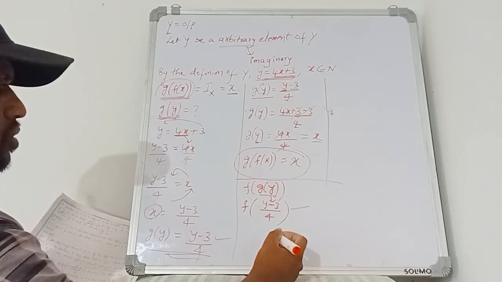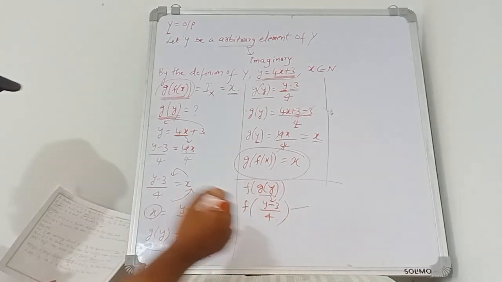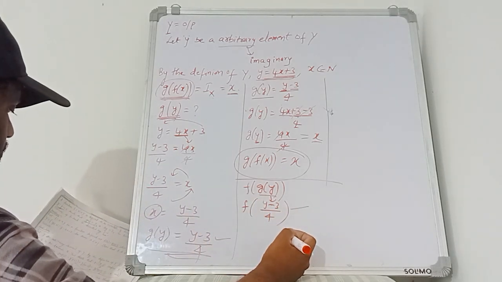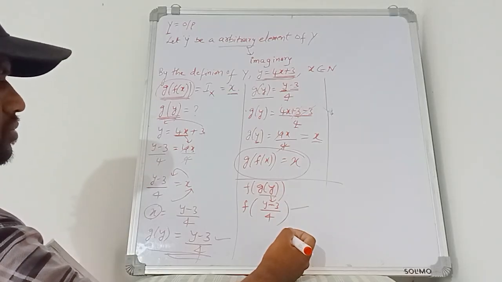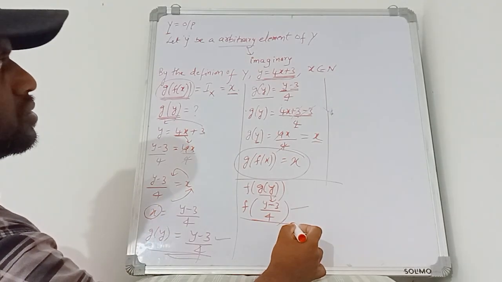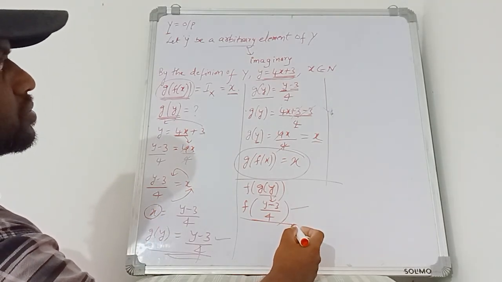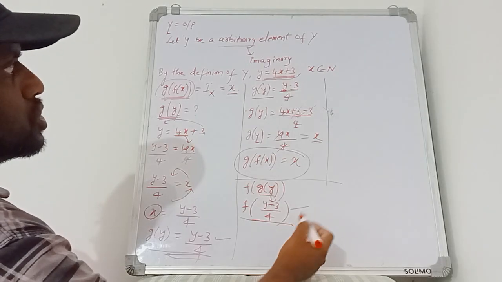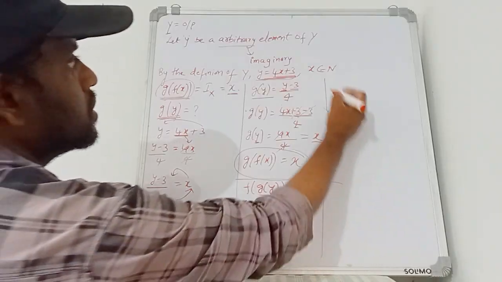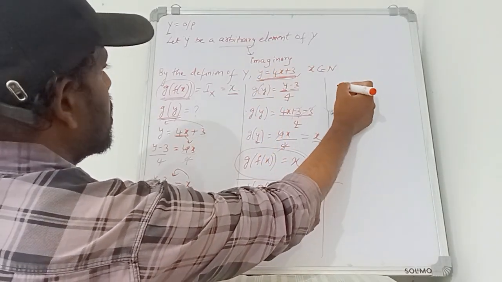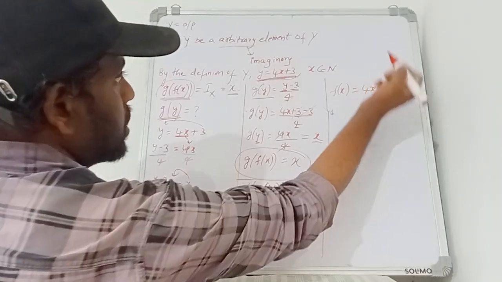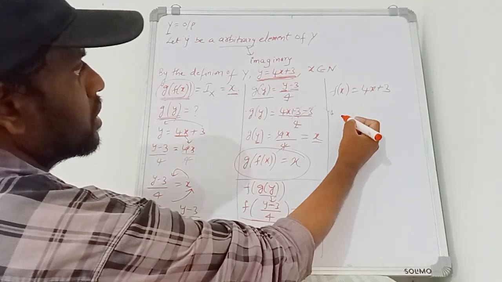Y minus 3 by 4, and this plus 3, 4x plus 3. So how to find f of y minus 3 by 4? So y is equal to 4x plus 3, or we can write f of x is equal to 4x plus 3. Okay, it is given.